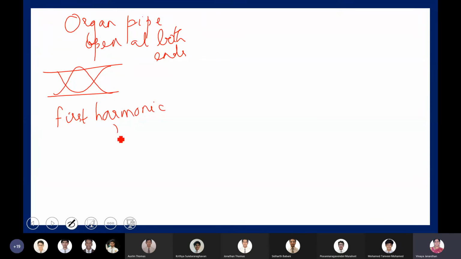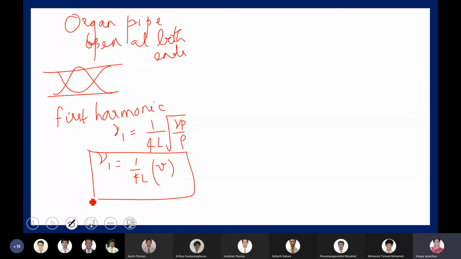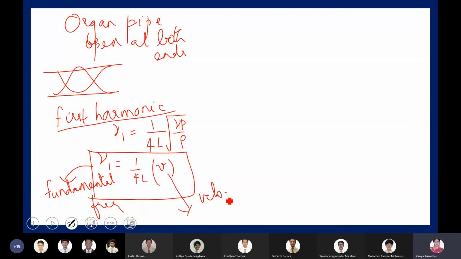First harmonic, nu1 is equal to 1 by 4L root of gamma p by rho, or I can write nu1 is equal to 1 by 4L into velocity. First harmonic, this is the fundamental frequency. This is what we call the velocity of the wave.